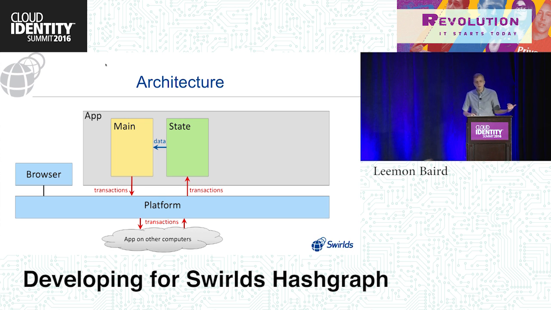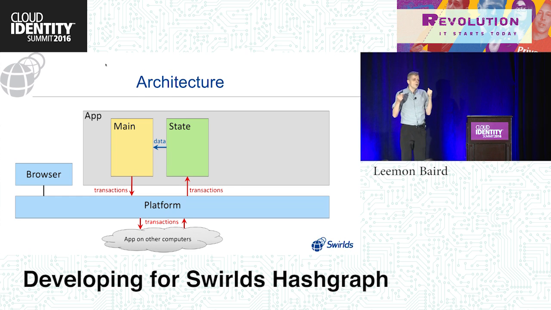So the way your main changes the list of sessions is by creating a little transaction that says, please add a new session, and it gets passed indirectly back to the state, and then the state adds that new session. You can use whatever format you want to encode your transaction, because you're the one who wrote the code that makes it, and you're the one who wrote the code that uses it. So whatever language you want to make up for your transactions, you can. You probably want to save bandwidth by making it fairly concise.